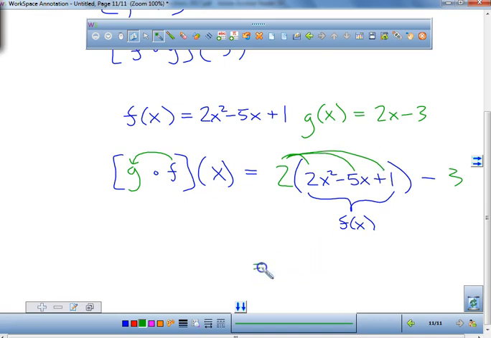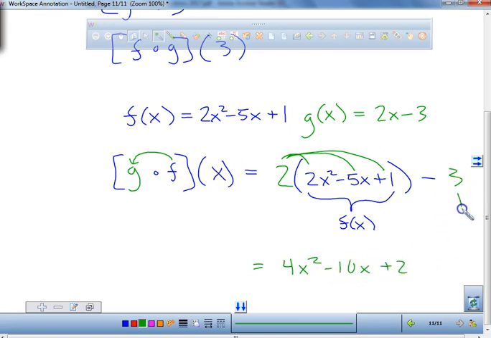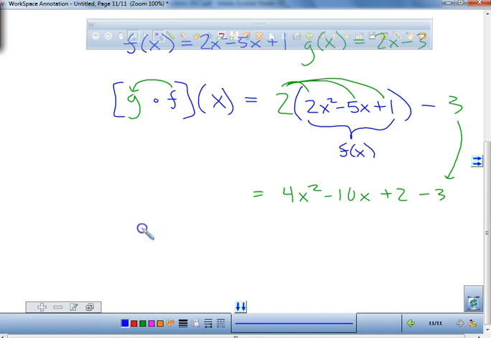Okay, so I got 4x squared. So far, so good. Minus 10x, plus 2. And then don't forget, what do we have to do at the very end? We've got to combine it. Good. So here we go, final answer. G of F of X equals 4x squared minus 10x minus 1.